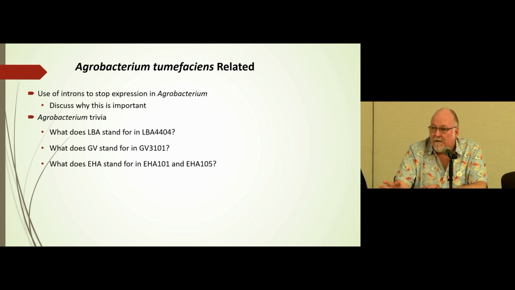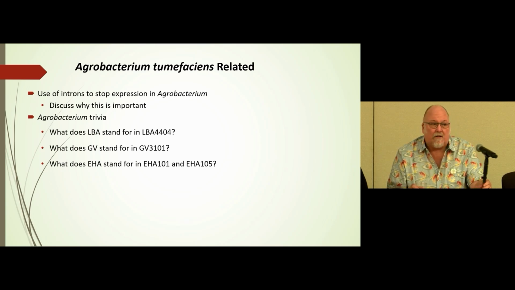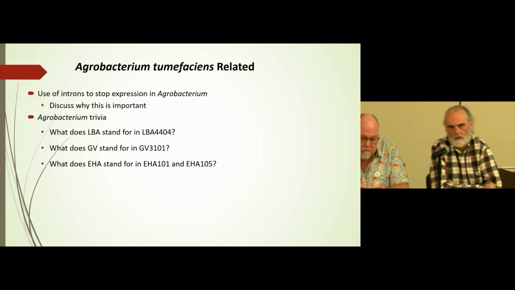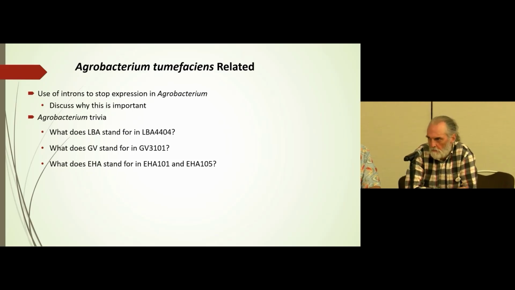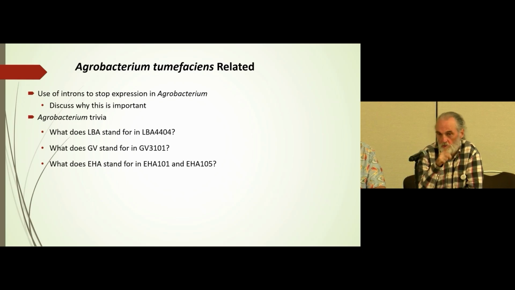So it can really throw a wrench in things that's hard to understand if you're not paying attention. Yeah, we've had that issue when we were trying to express an iron and zinc transporter. We had real problems with rearrangements in LBA4404, but when we switched to AGL1, it was okay. So, just another story.